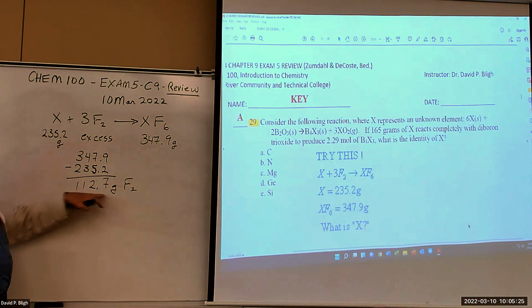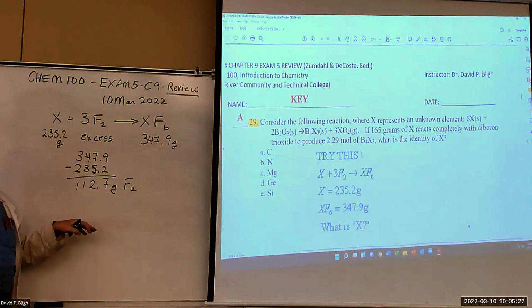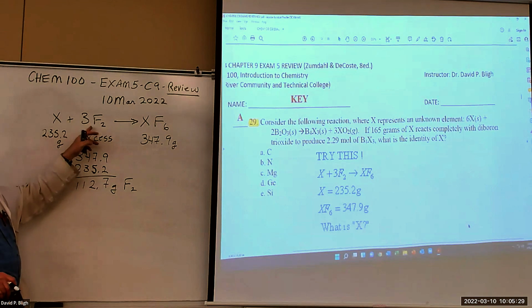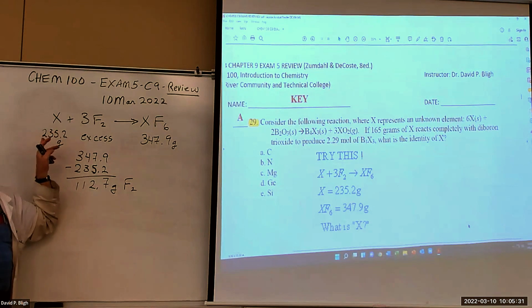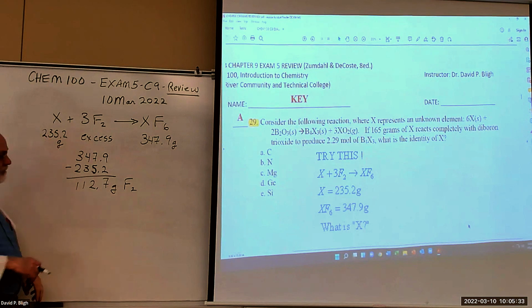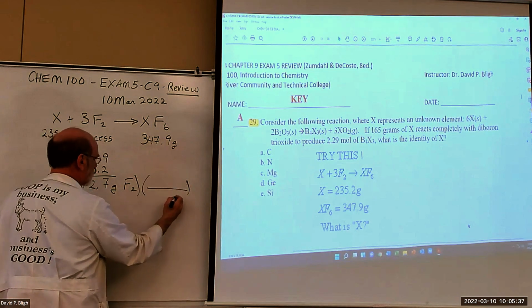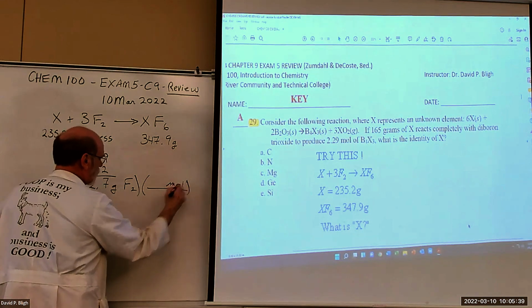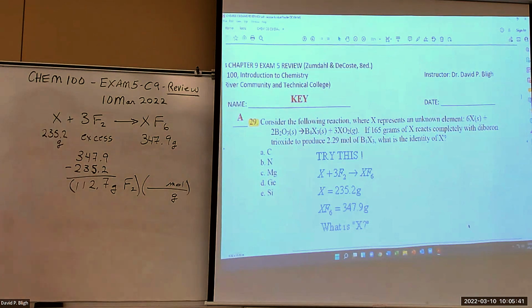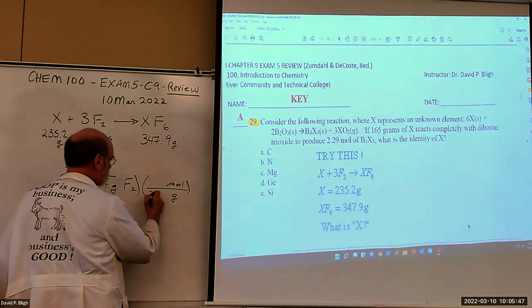So now that we know the mass of fluorine, we can find out how many moles that is and then translate that into moles of X. We just need the molar mass of F2. 19 times 2, 38 would be F2.